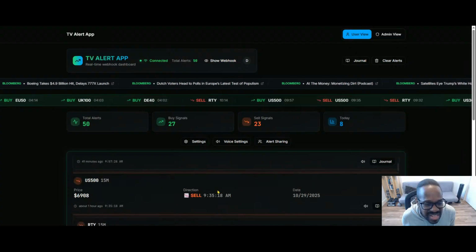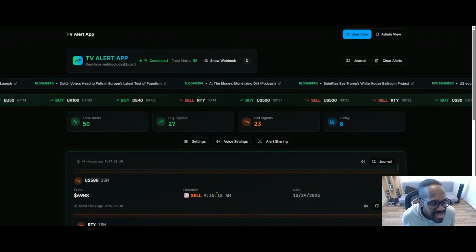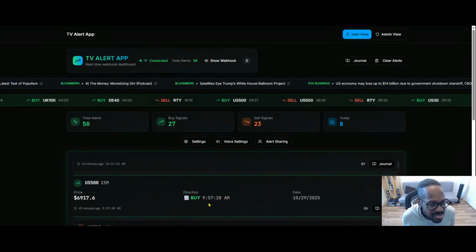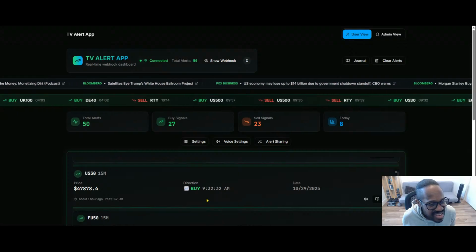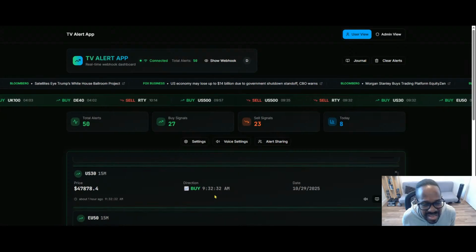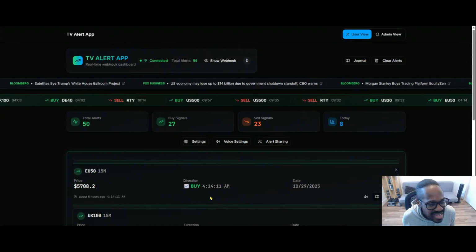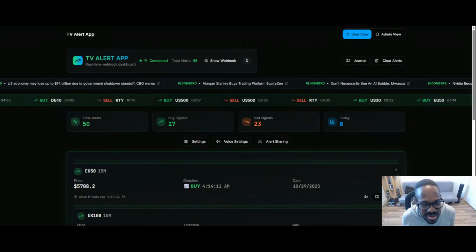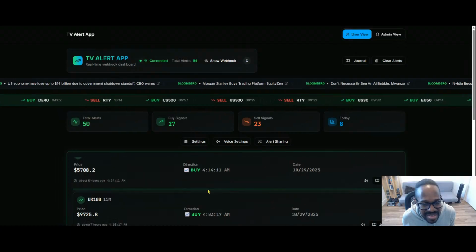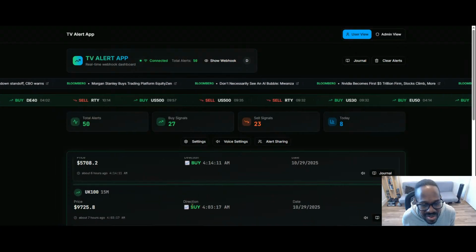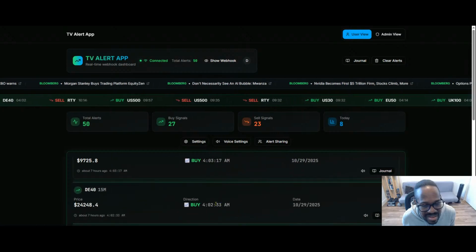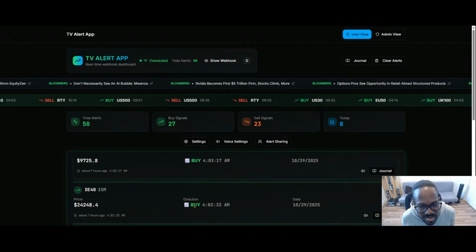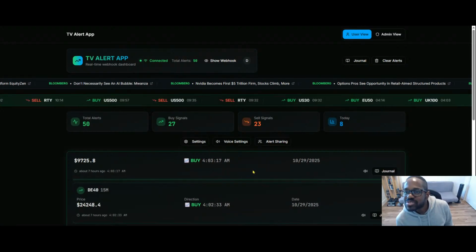Russell had a sell. US500 was a sell, and then it switched to a buy right here. And yeah, buy 9:32 again, and we had Euro at 4:14 my time, Eastern Standard Time, for a buy, 4:03 for a buy on UK100, and a buy here on German at 4:02 Eastern Standard Time.